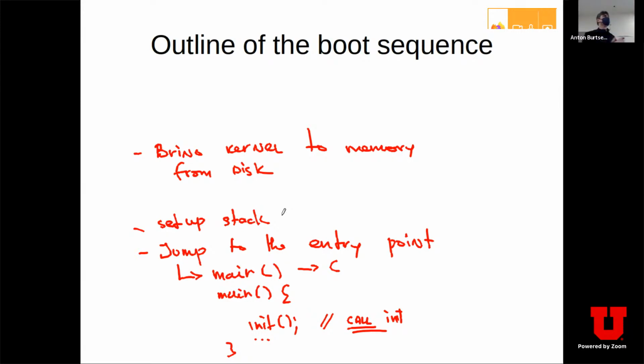Jumping to the entry point is easy enough to make, since we know exactly where it is in the file. When we bring the kernel to memory, it will be compiled as an ELF binary, so we can look up the ELF header and see where the entry point is.